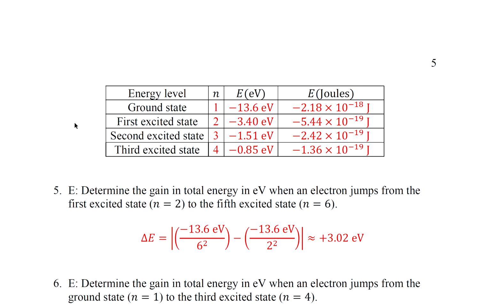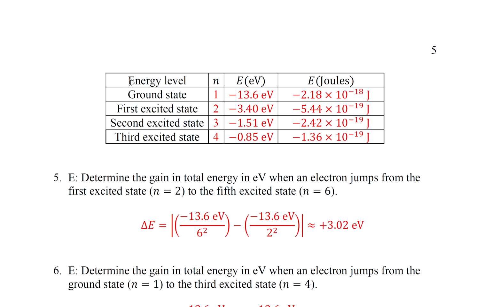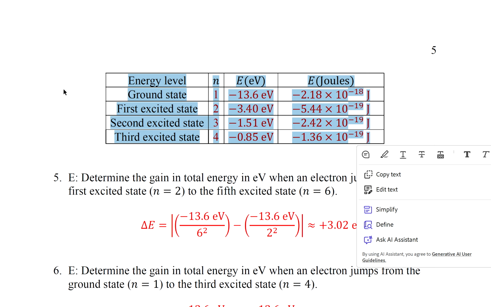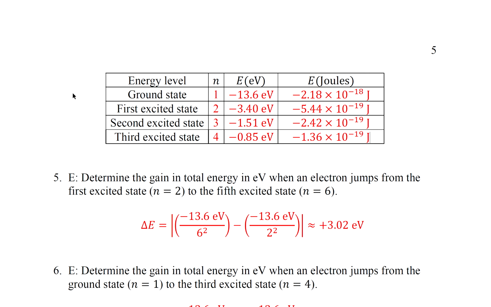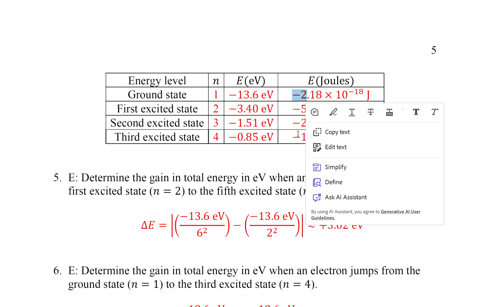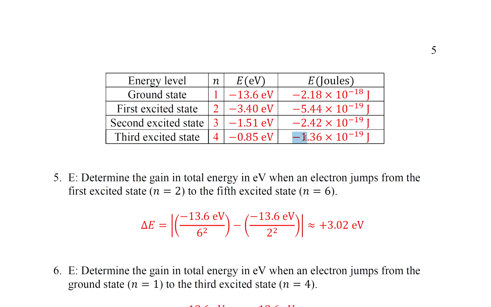So ta-da, we get the result here. You can see as the electron gets into a higher energy level, the energy of the electron increases, because this is minus 2.18 and this is minus 1.36, which is closer to 0.